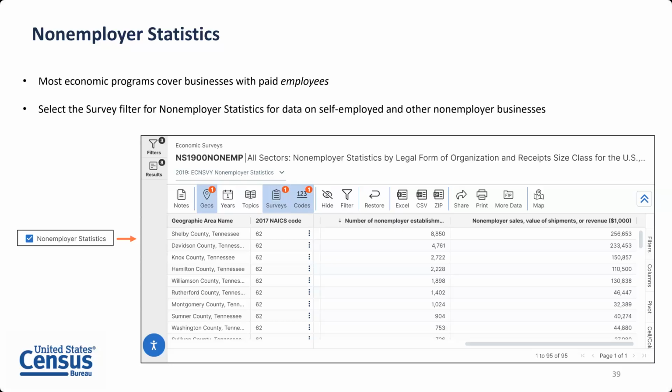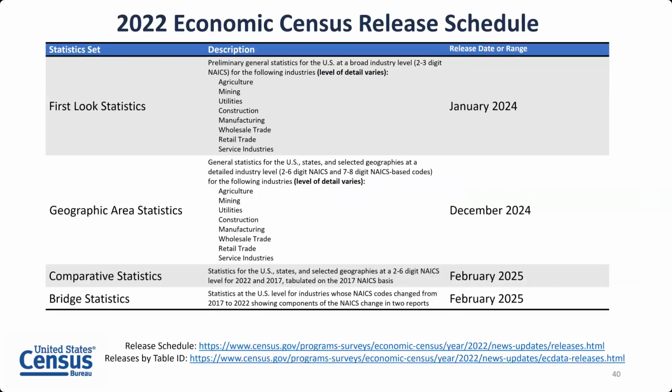But again, if you want a complete picture of businesses in an area, you would want to combine the data from both sources. The tables are laid out very similarly. The difference is you would check the box for economic survey and choose non-employer statistics to get to this table rather than the economic census box that we checked in our example.